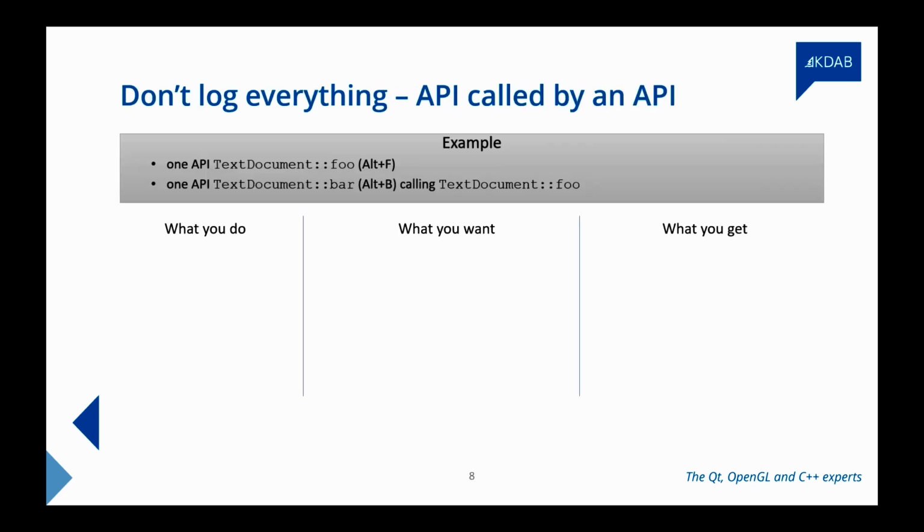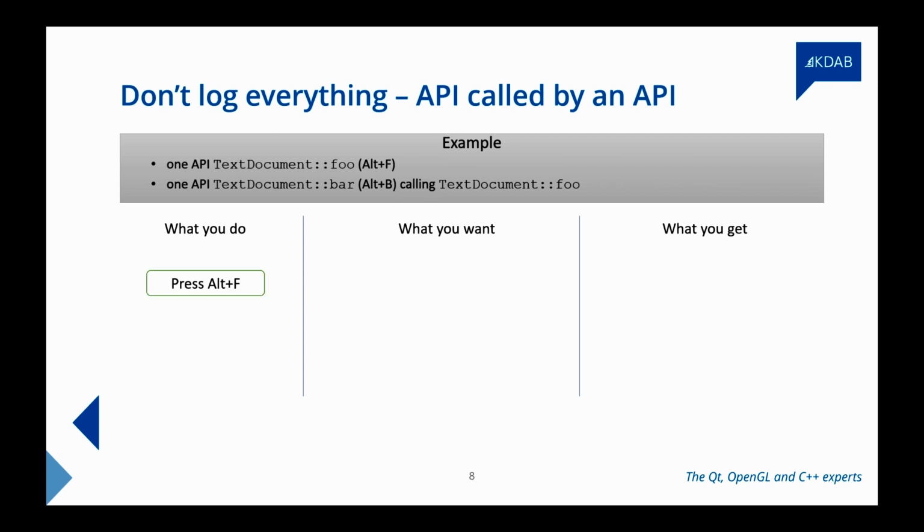And now you realize you don't want to log everything, actually. There are sometimes you don't want to log things. For example, here, I have 2 APIs, one named foo, which I can call with alt-f, and the other one named bar, which I can call with alt-b, and the bar method is actually calling foo.